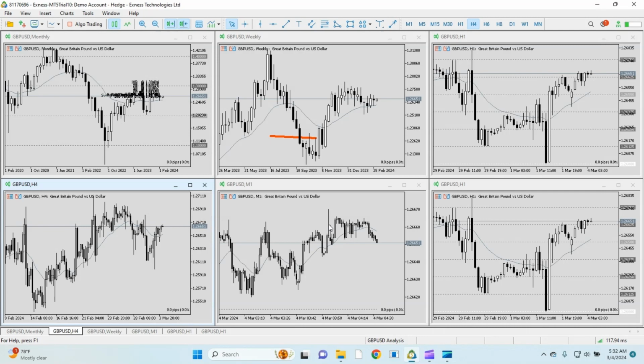Remember, when we are using chart patterns, we are not using it on a short-term basis. We are only focusing on the long-term, on long time frames. We are not looking at the lower time frames. We are looking at the higher time frames from H1 and above: H1, H4, monthly, weekly time frames.